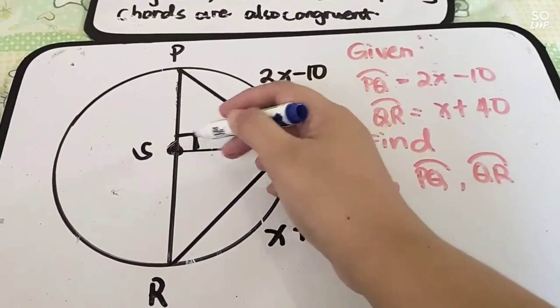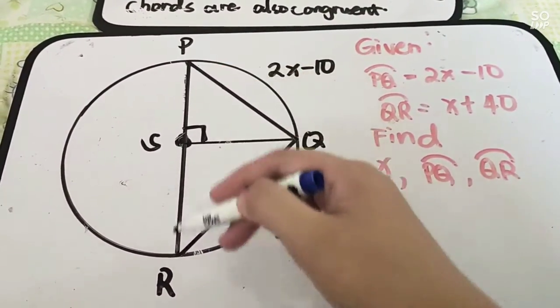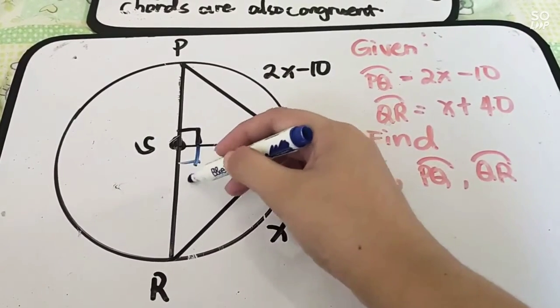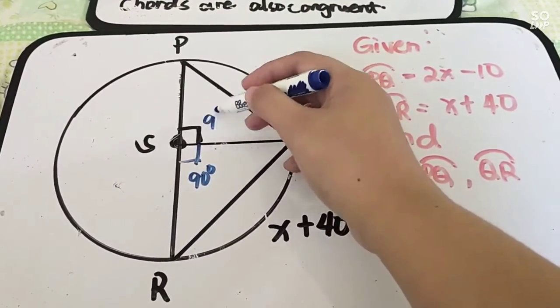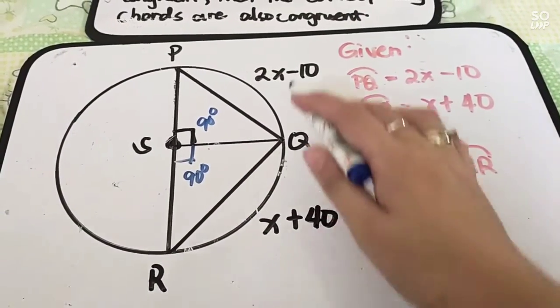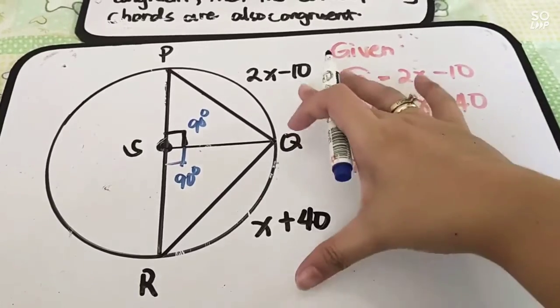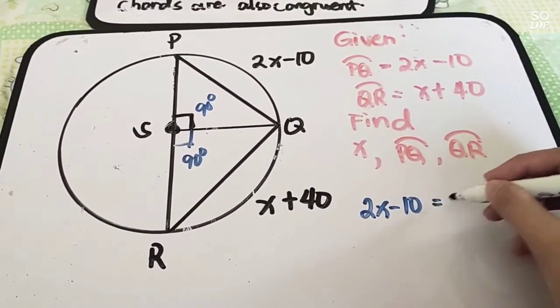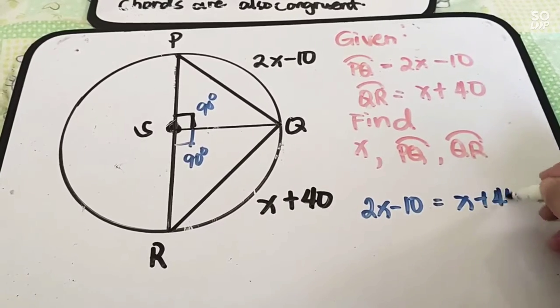So, since this one is 90, and this is a semicircle, therefore, this is also 90 degrees. This is also 90 degrees. So, for us to solve for x, they are equal. Therefore, 2x minus 10 is equal to x plus 40.